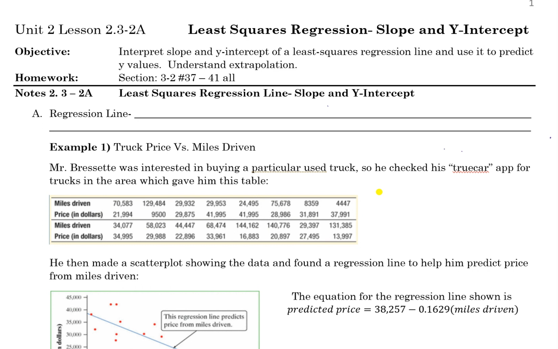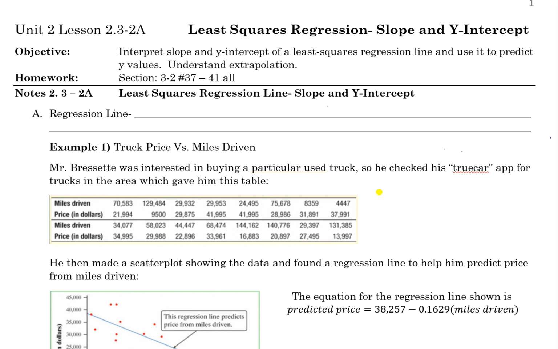We are moving on today to actual regression lines, so that's exciting, but just a quick recap of what we've done so far. You started by looking at scatter plots, and you should at this point know how to make a scatter plot, and also how to describe it.